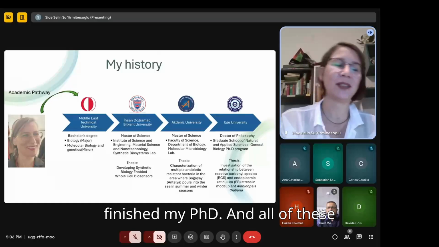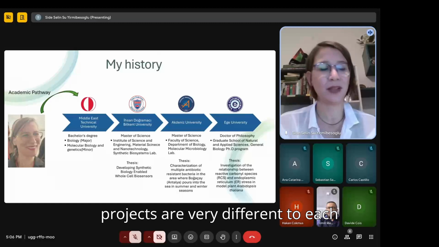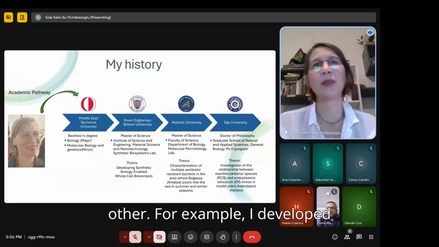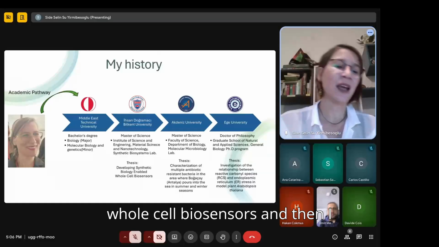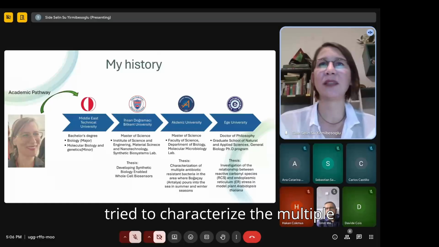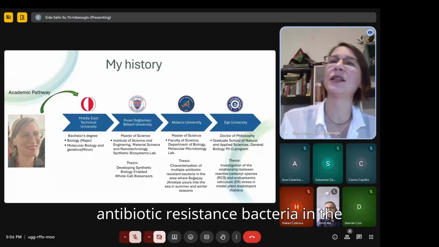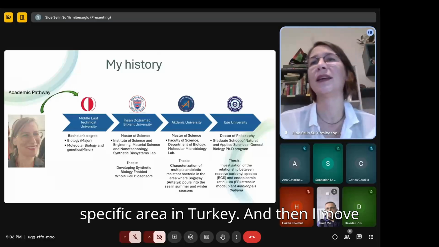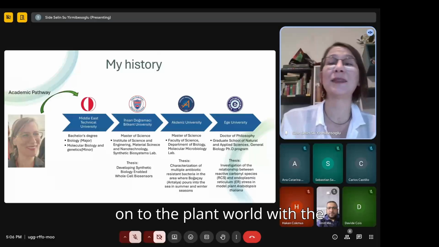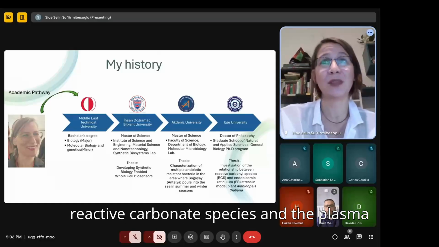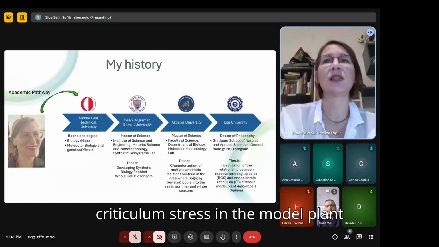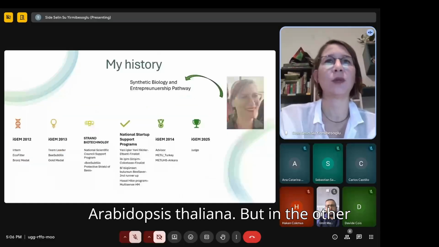All of these projects are very different from each other. For example, I developed whole cell biosensors, and then I tried to characterize multiple antibiotic resistance bacteria in a specific area in Turkey. And then I moved on to the plant world with the investigation of the relationship between reactive carbonyl species and endoplasmic reticulum stress in the model plant Arabidopsis thaliana.